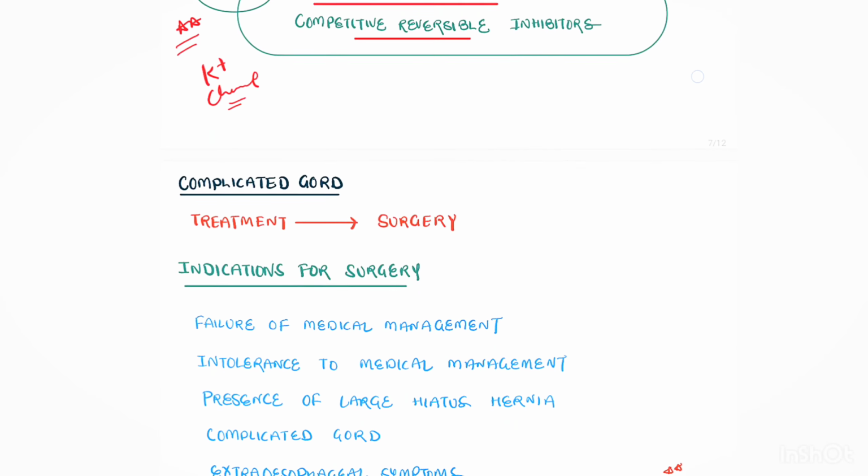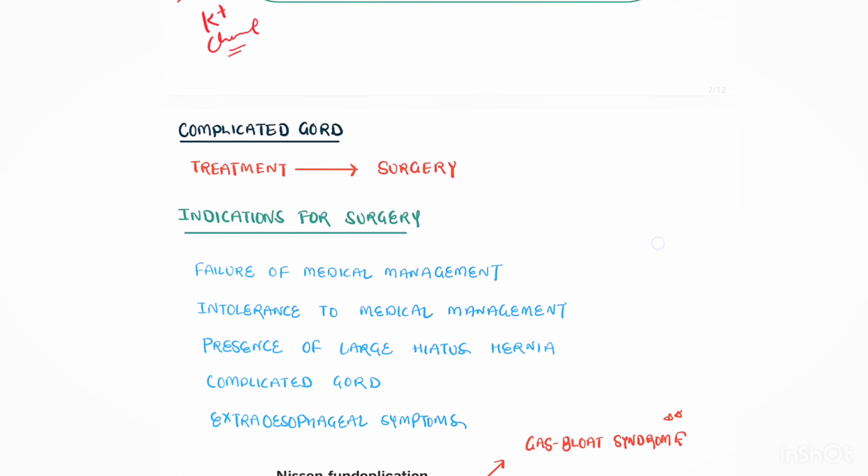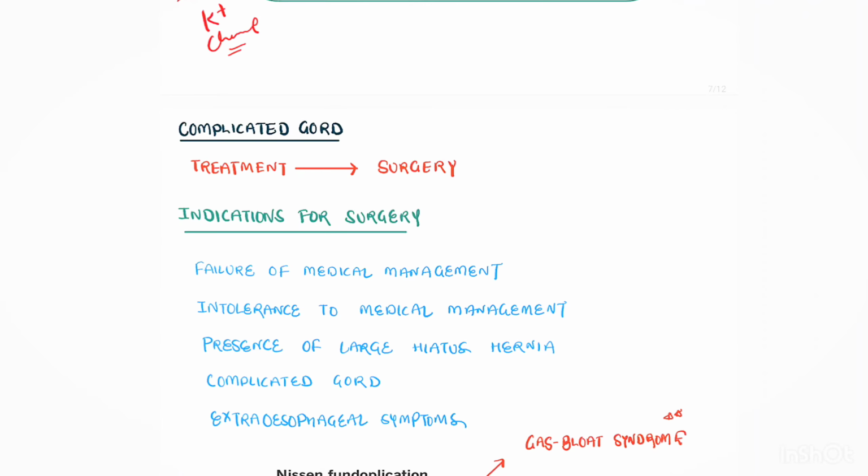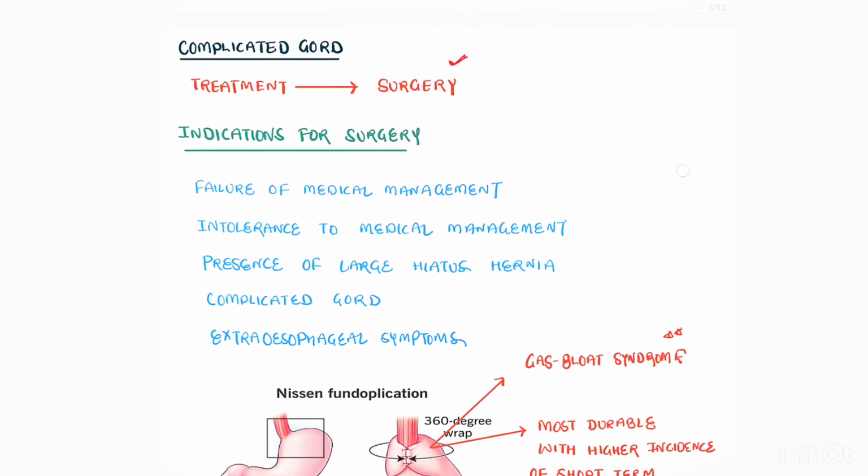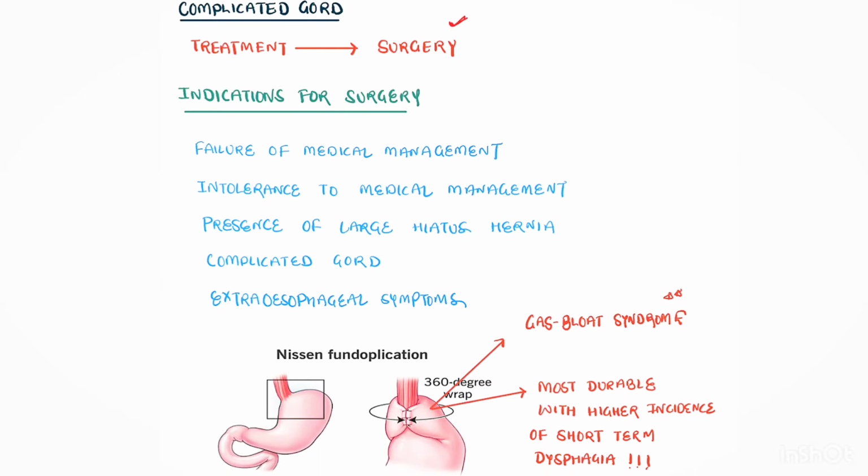Now we come to the complicated GERD, in which there are complications. We already discussed the complications of GERD. So in these patients we will go for surgery. So what are the indications for surgery in GERD? Like failure of medical management and intolerance. The patient is unable to tolerate long-term PPIs.